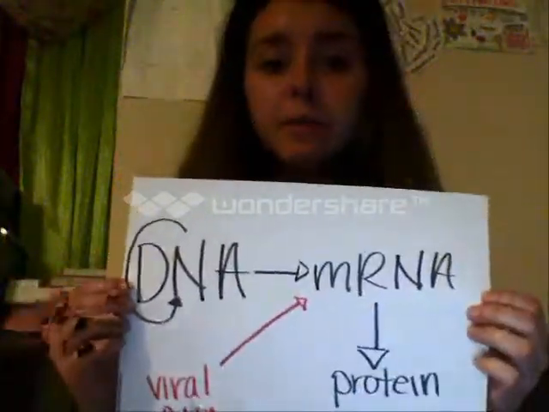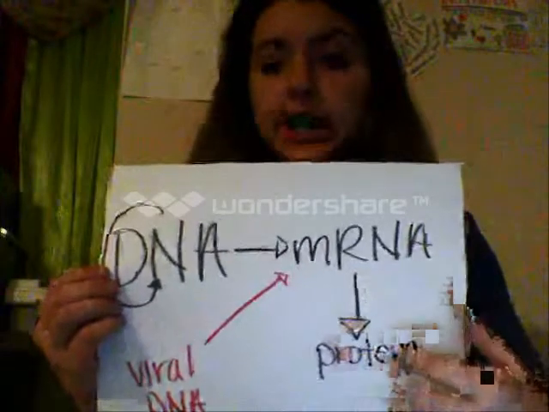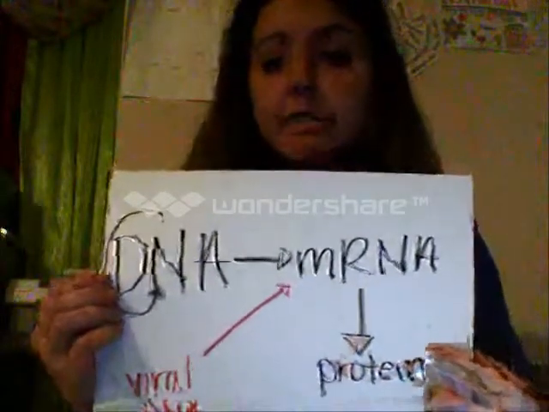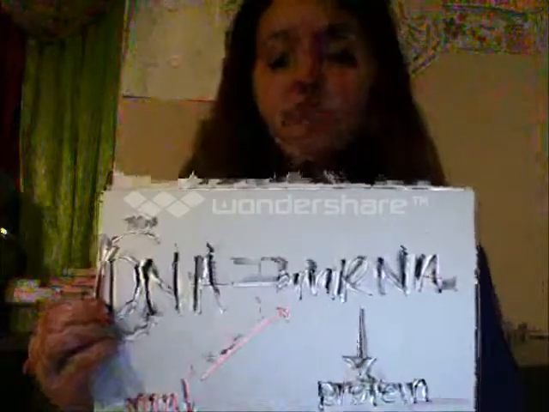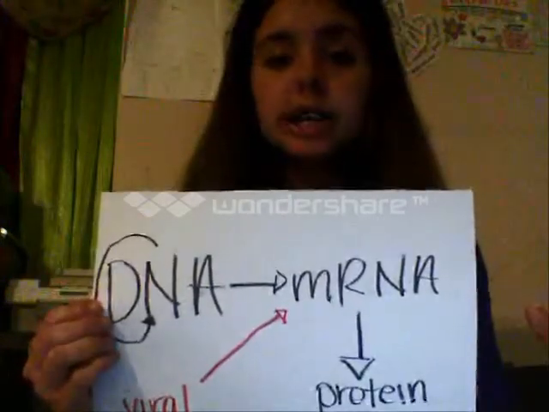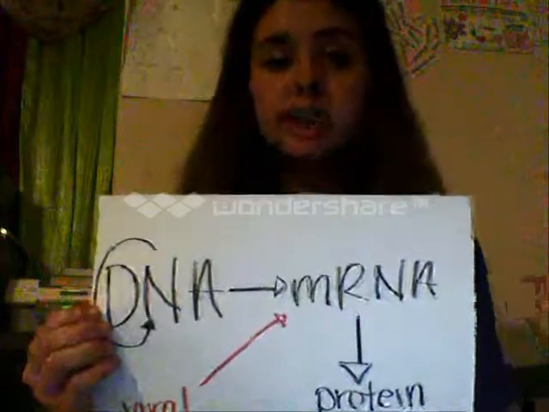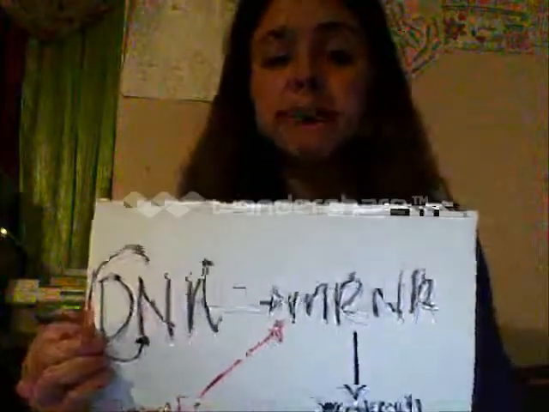So when the viral genetic material, also known as viral DNA, enters the cell, it is replicated and transcribed, which is where the mRNA is going to be produced, and it's translated into a protein, which is then produced from the mRNA by the host cell itself. By this process, the host cell will use the genetic material or instructions from the virus to create more viruses. So you can see how this is going to be continuing on.